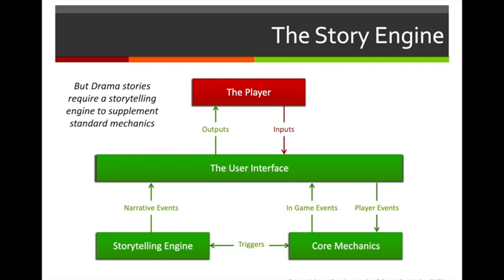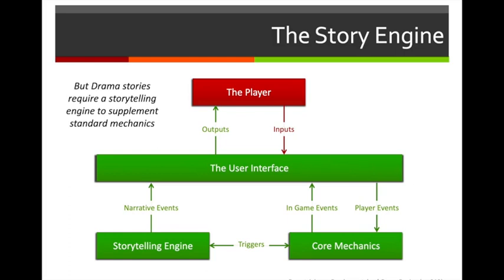But at the same time, the narrative has to go the other way. The narrative has to influence the game engine and the core mechanics of the game. So, for example, as a result of the state of the narrative, we've got to a point in the narrative where the player is no longer trusted by a particular character in the game. Well, perhaps that will affect the game engine in that the character will no longer support the player when they get into trouble, for example.